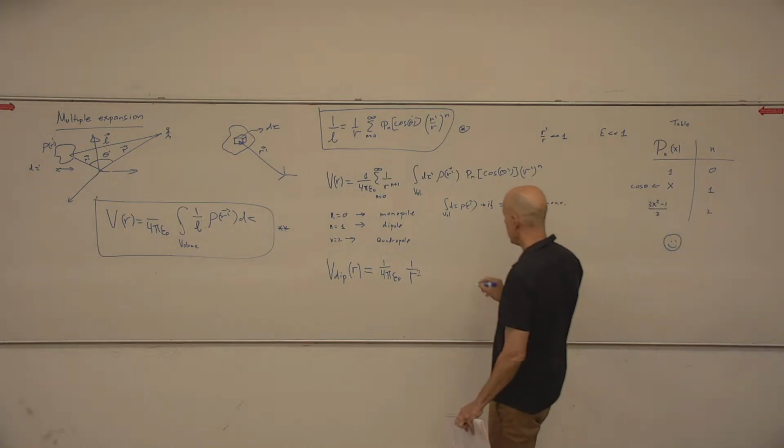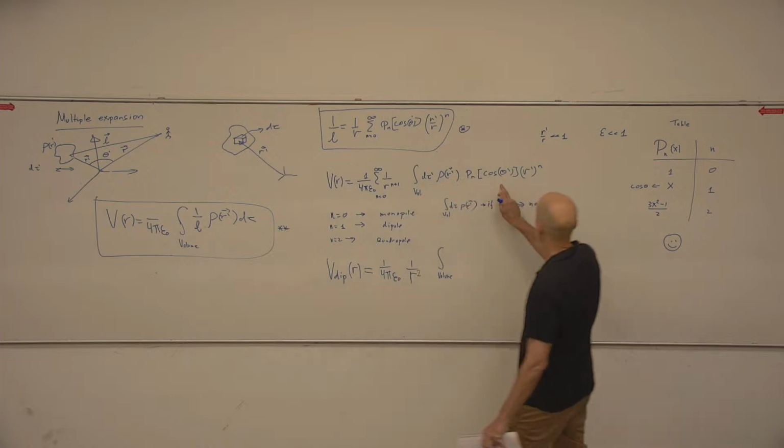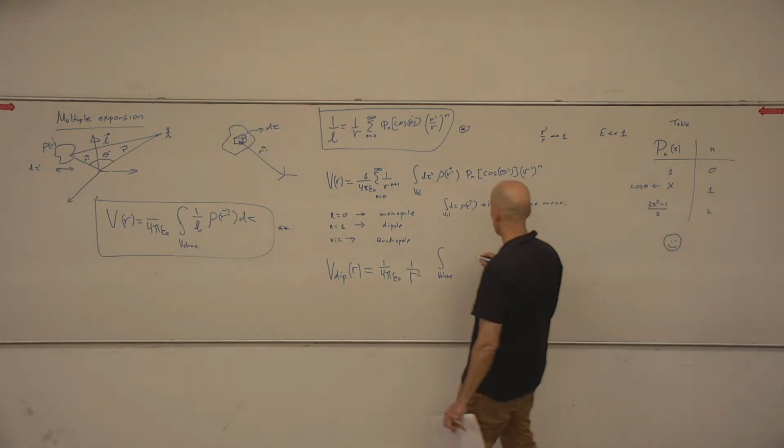And then you have integration over the volume where all the charges are. Now I just need to use the Legendre polynomial, which is cosine theta.